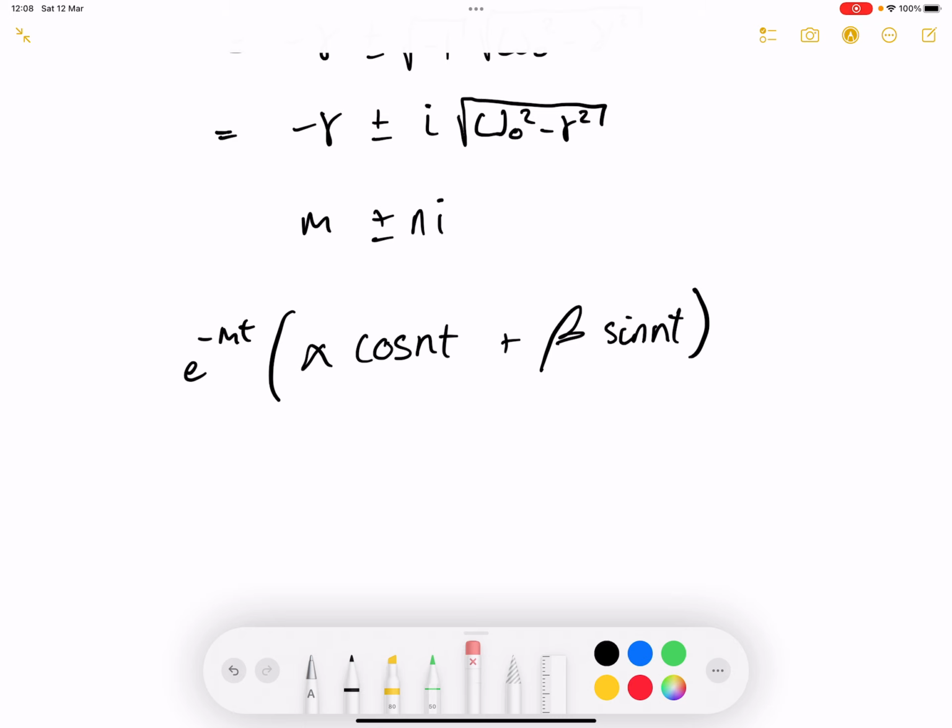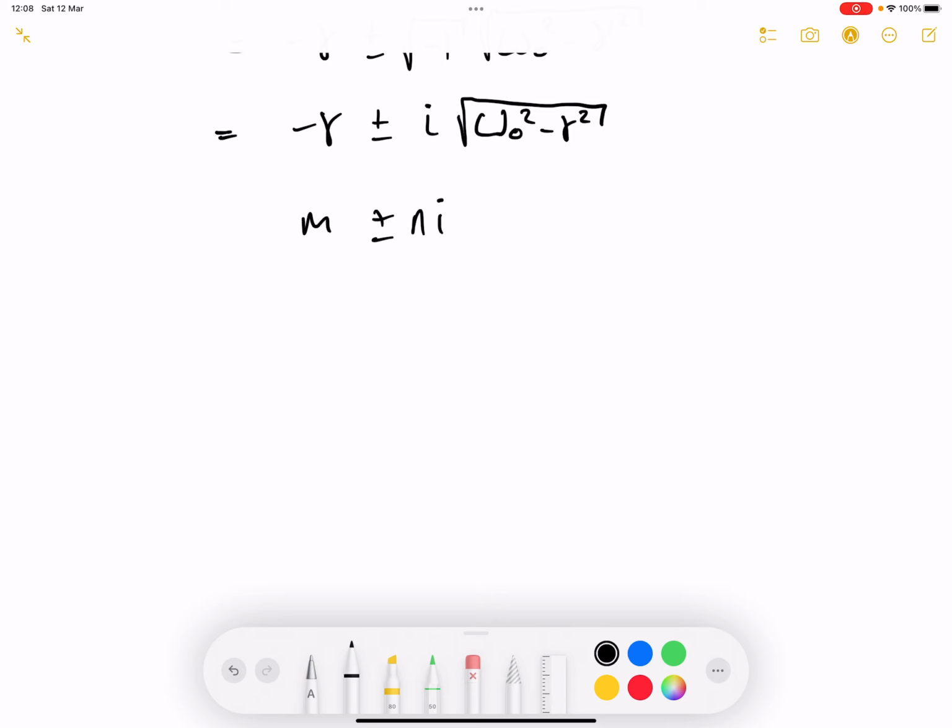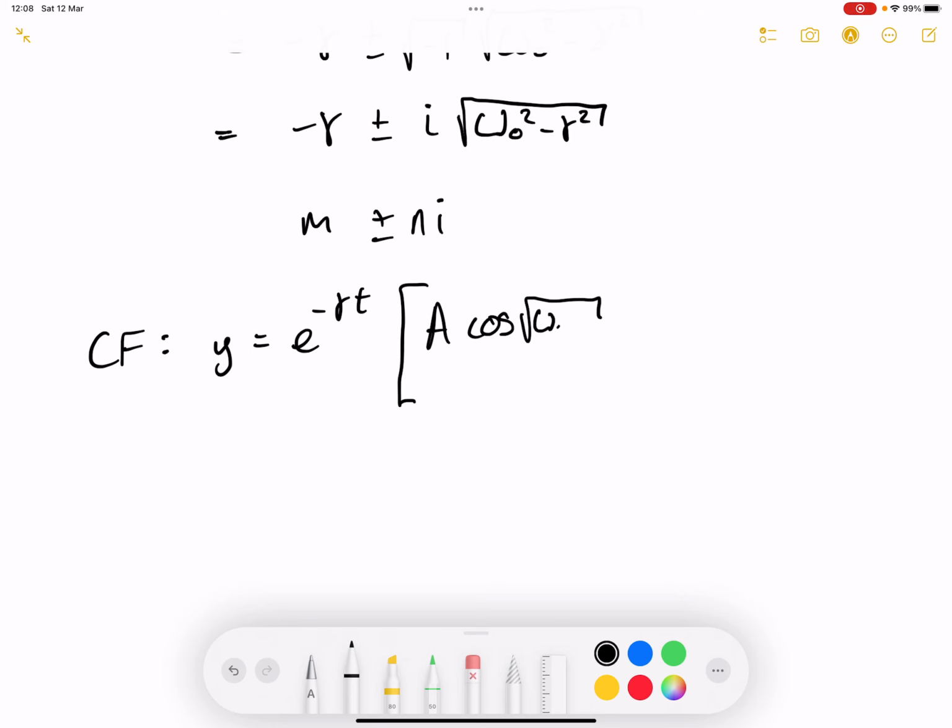So now writing that out with this stuff here, I'm going to write that as, just get ready, okay, the complementary function, this is called, is going to be y equals e to the minus gamma t times, let's use some cool square brackets, a cos square root omega naught squared minus gamma squared t plus b sine square root omega naught squared minus gamma squared.